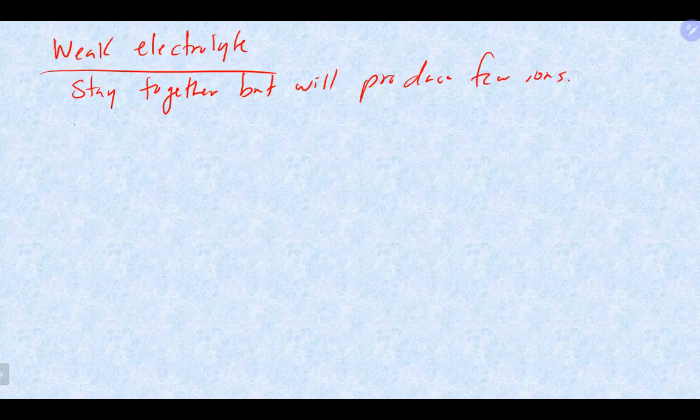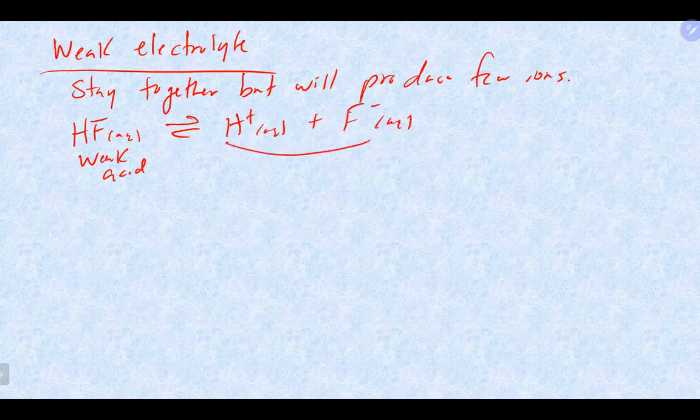So, for example, HF, which is a weak acid, will break apart into H+ and F- in solution. The difference is, though, you have just a few of these ions being produced. You mainly have the HF unit still together.